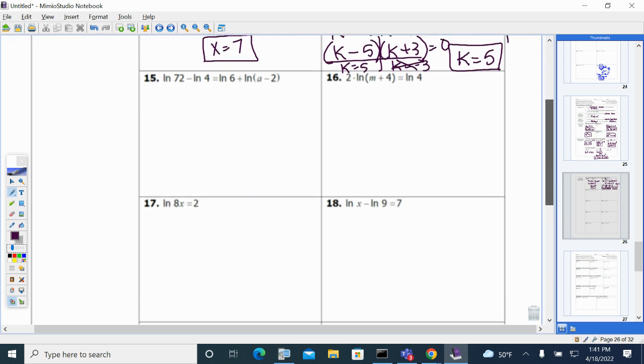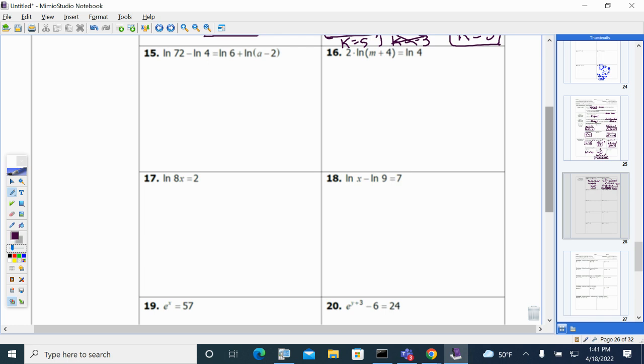Let's jump down to number 18. On number 18, what you should notice here is that you have logs on one side, not both. So this is one of those instances where we have to change from log to exponential. But before we can do that, we need to condense the left side into one log.